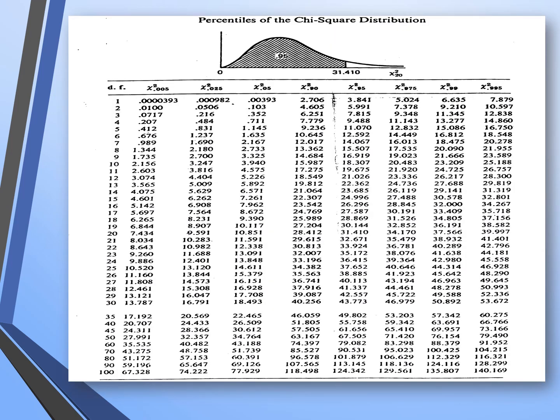And by using the chi-square distribution table at 4 degrees of freedom and at 0.05 level of significance, the chi-square tabulated value is equal to 9.488.